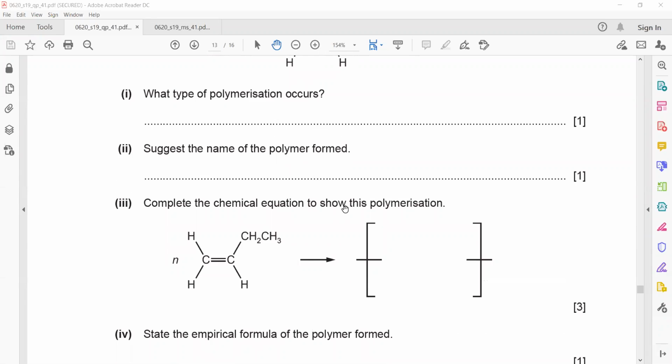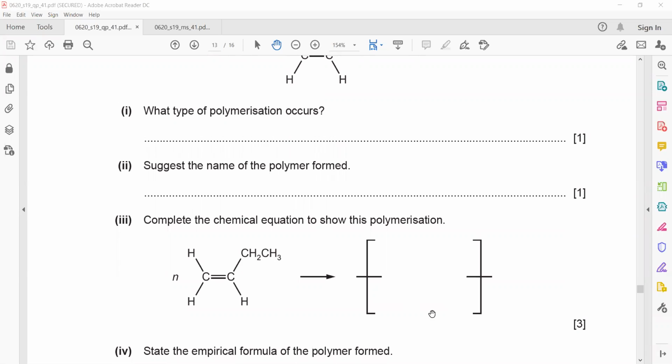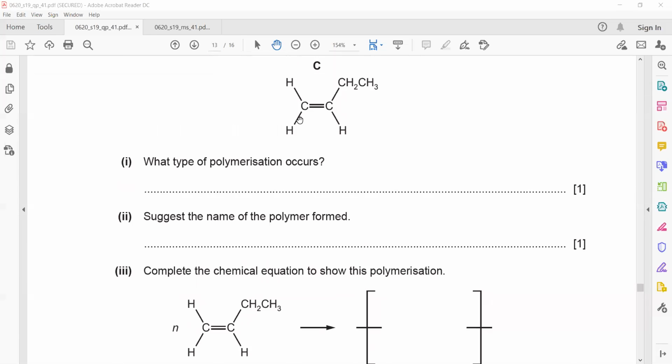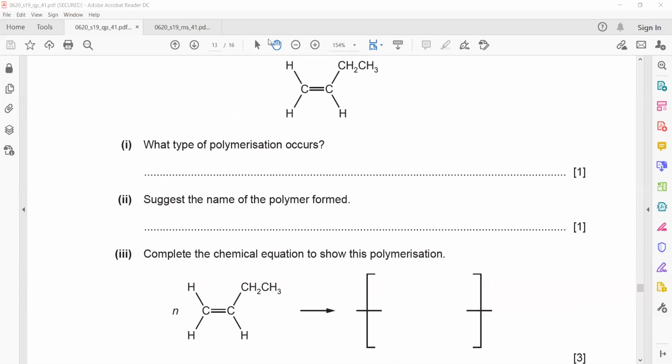Then we have to draw a polymer here. It's 3 marks, and it's very simple. Just break the double bond and draw the same structure. Your monomer and polymer should appear like the letter H. And put n.